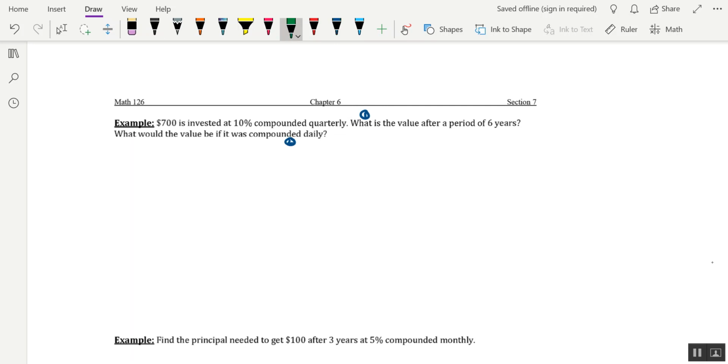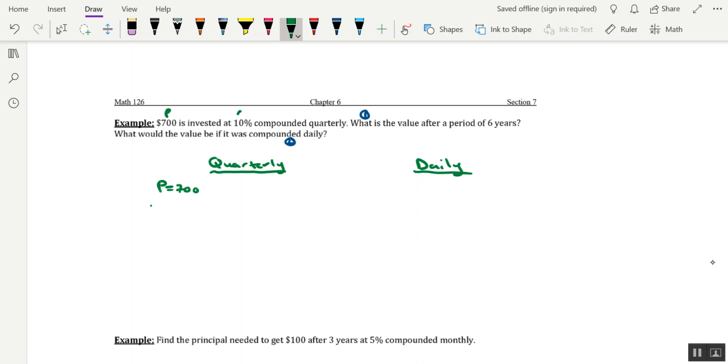So let's make a couple of workspaces here. So we'll say quarterly, and then daily. So $700 is invested. This would be a value of P. So P is 700 at a rate of 10%.